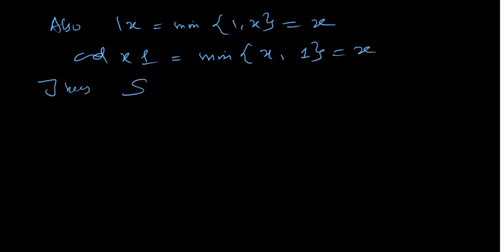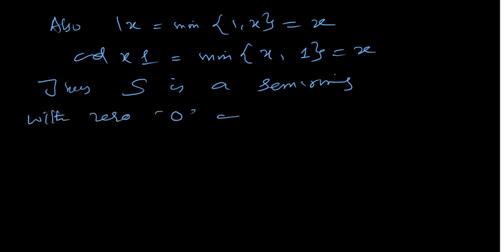So thus S is a semigroup with zero 0 and identity 1.